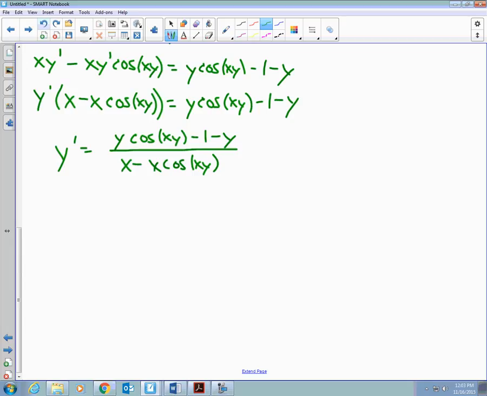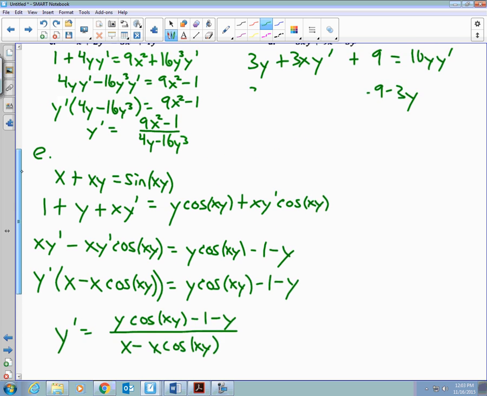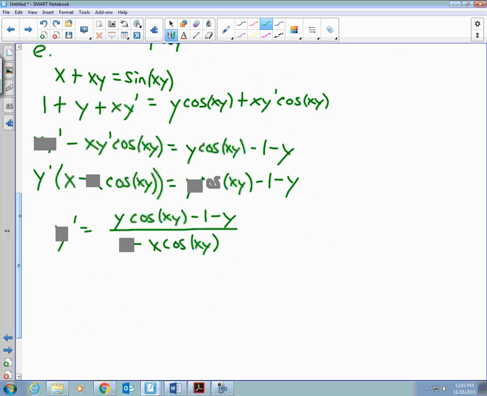I would say that that's a very good example. Both examples, D and E, are excellent examples of what you would see on the AP exam. I would say A, B, and C are too easy for what you would see on the AP exam. Every single thing I've seen on the AP exam for implicit involves the product rule at some point.